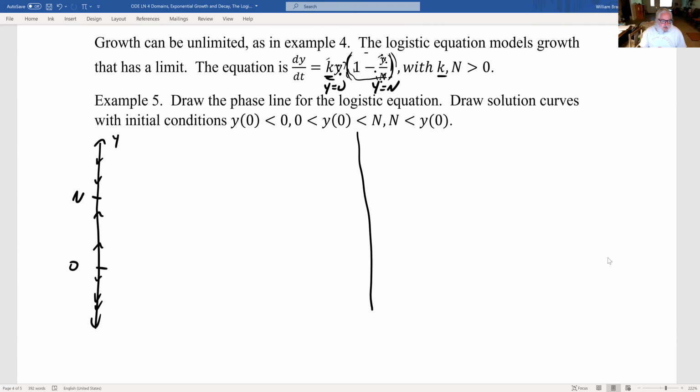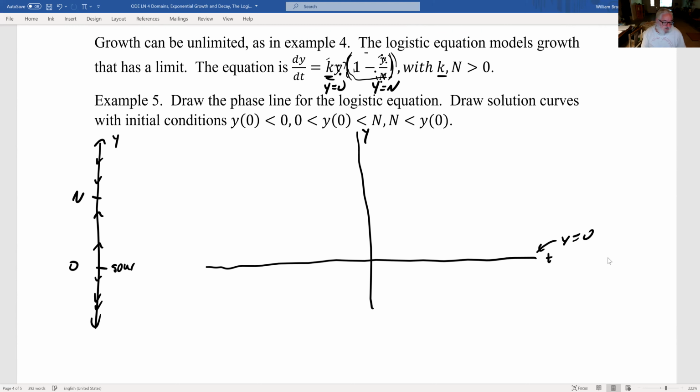How do you go from phase line to solution curves? Well, we've got one solution curve. y equals 0 is an equilibrium, and y equals 0 is a source. Everything's running away from it. y equals n is the sink. And we have n as an equilibrium.